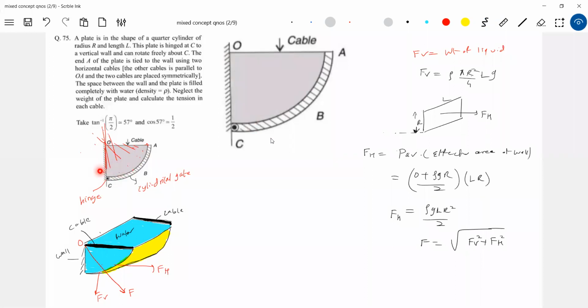I'll draw the diagram. Here, I'll show it not at every point. This is something very, very important. It may help you in any numericals. Be careful.